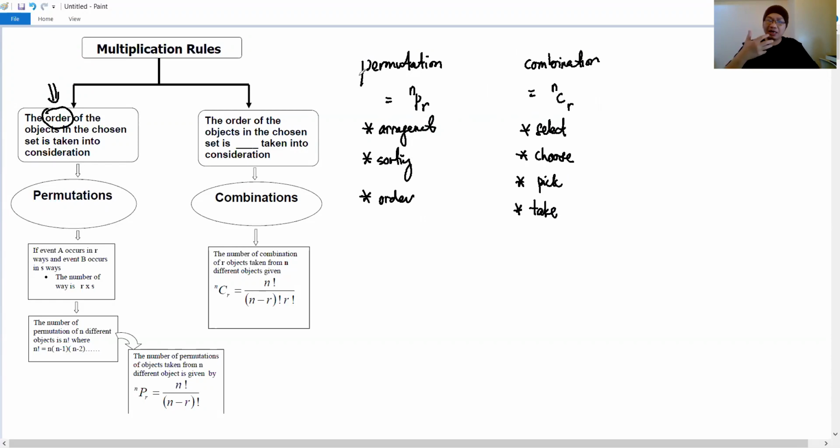What kind of question normally comes out for permutation? For permutation, number 1, when we are talking about arranging a password. So questions like password, code, and what else? Plate number, car plate number. And school magazine. Why do we need to use permutation for school magazine?